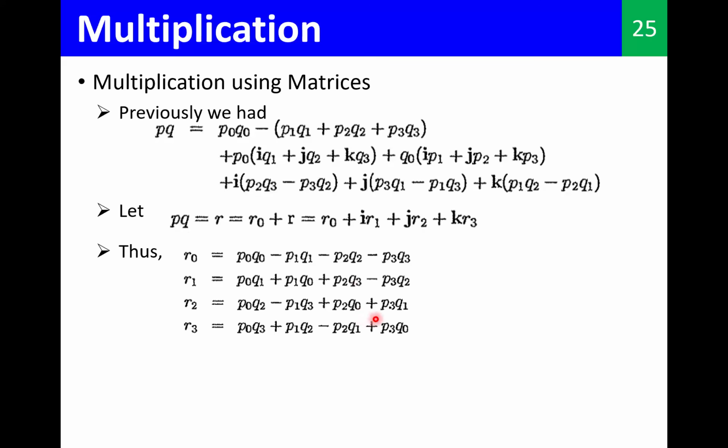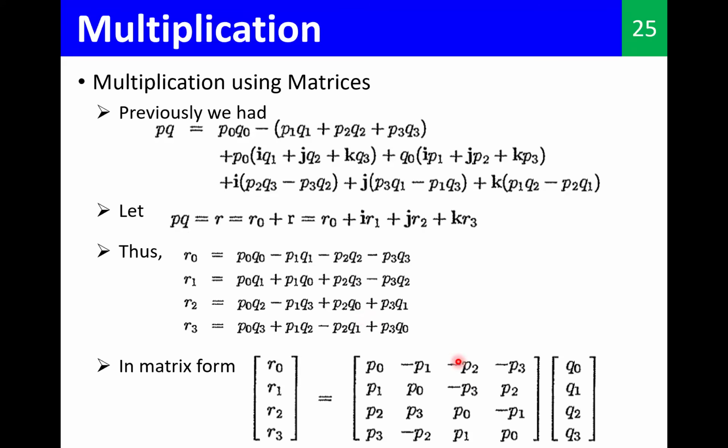Right? So I can write them as a matrix vector product, right? So this is my second quaternion elements. I wrote them as some vector, and by looking at these, I can come up with this particular matrix. So there is a special pattern you may identify: P3, P2, and P1, P3. Likewise, there is a pattern.